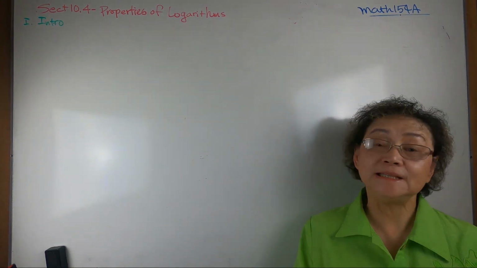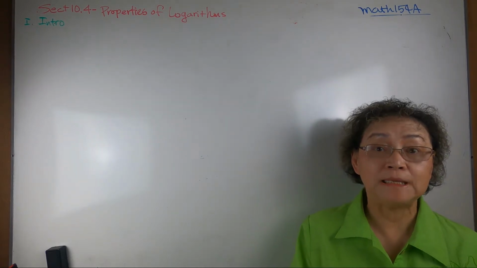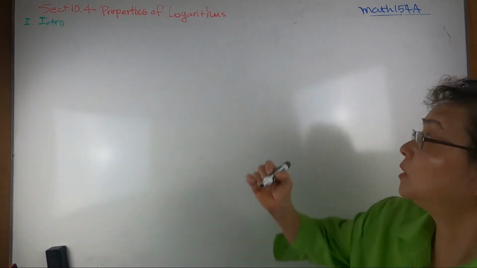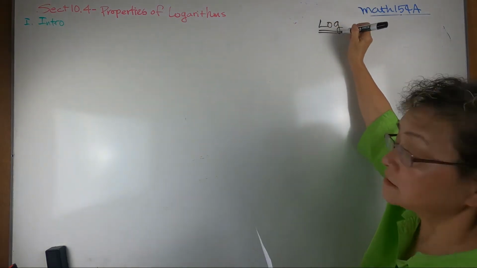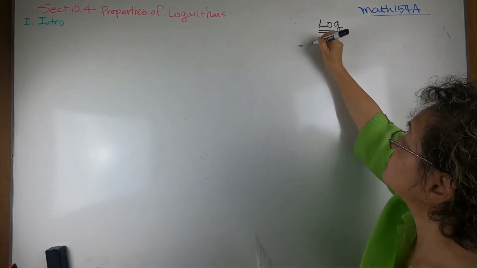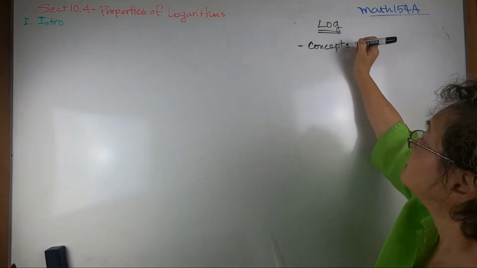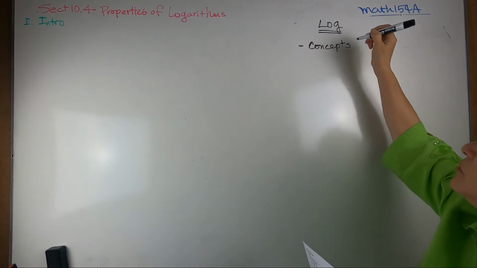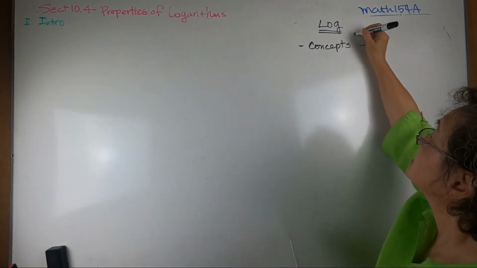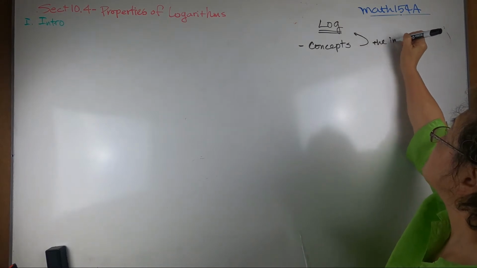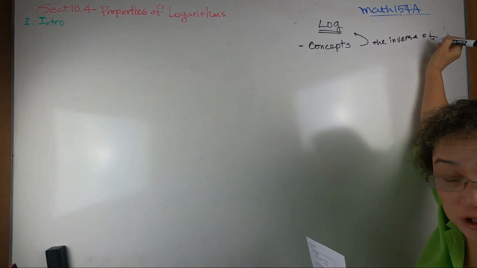Okay, we are learning the second thing in this class, which is called the log function. First we learn its concepts. Then we know the log is the inverse of which function?